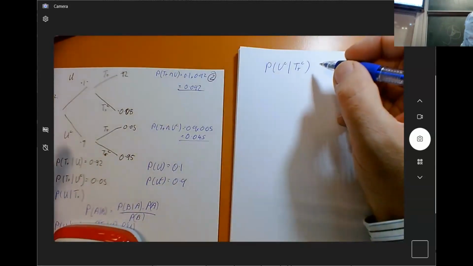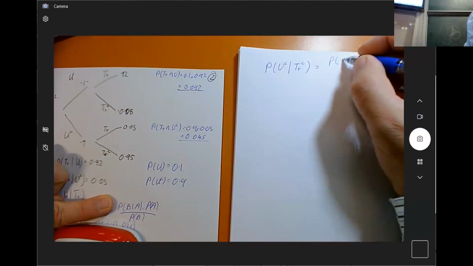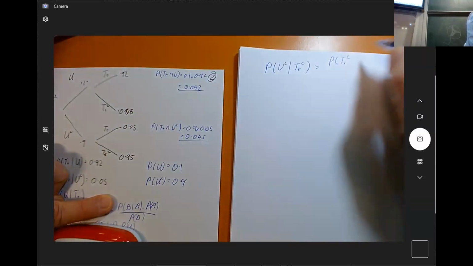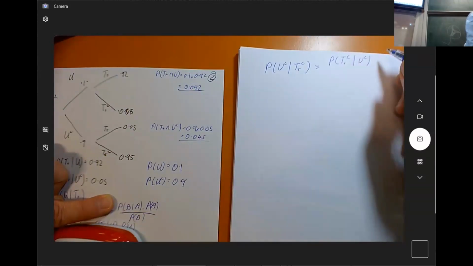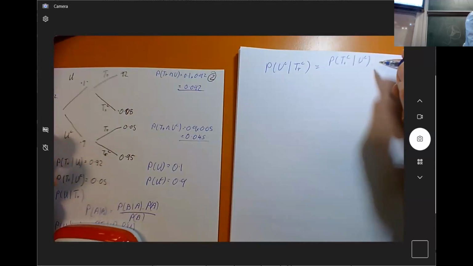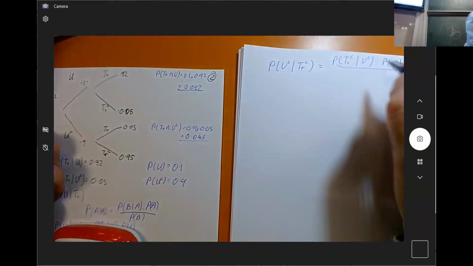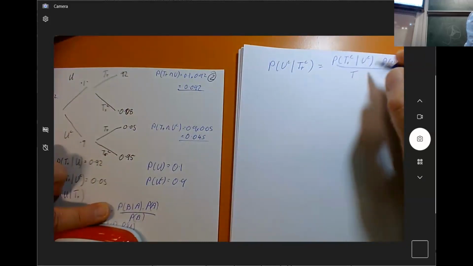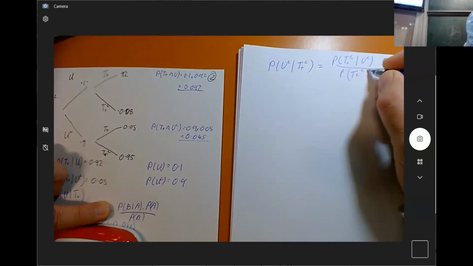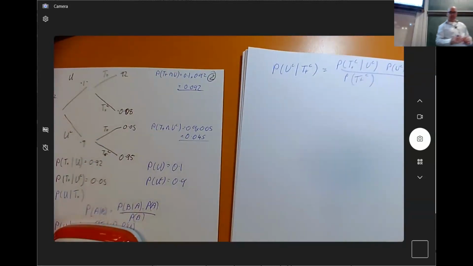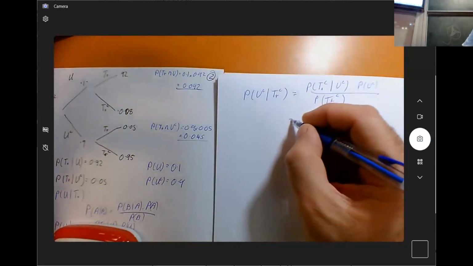In the same way as before, that means we're going to do the probability of not testing positive, given they're not using, times by the probability of not using, on the probability of not testing positive. Hopefully we've got some of these numbers already worked out.